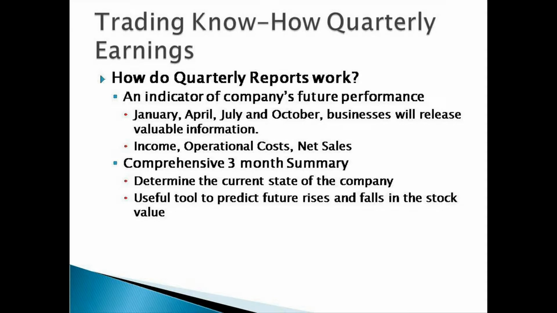Shareholders often use this information to determine the current state of the company, as well as a useful tool to predict future rises and falls in the stock value. Knowing how to utilize this and compare relevant quarterly earning reports can often be used as an indication of whether or not the company is experiencing overall financial success or looking more like a potential failure.